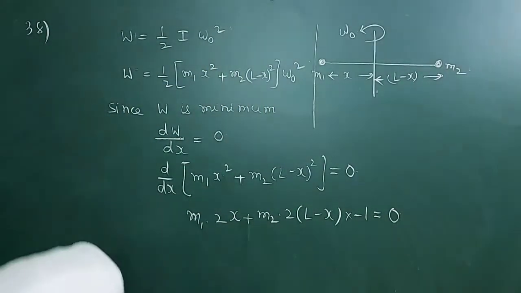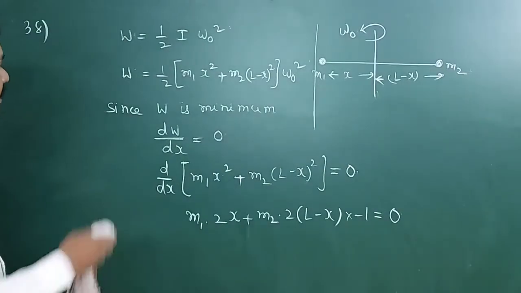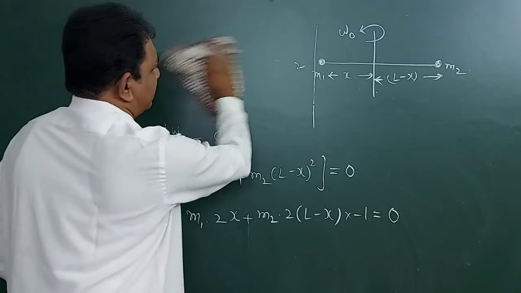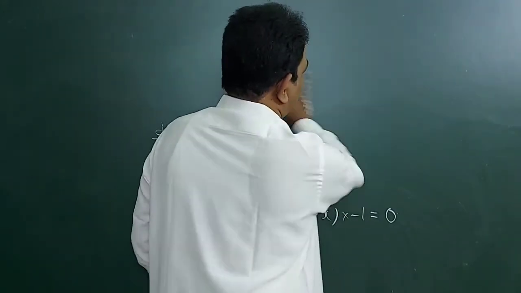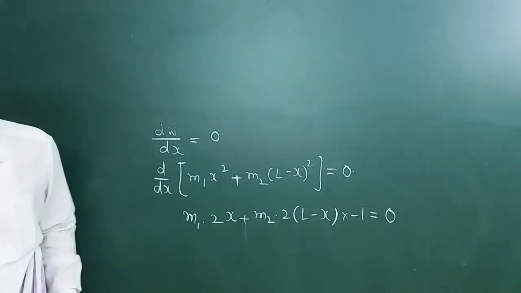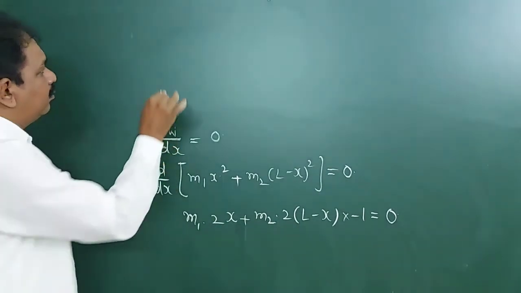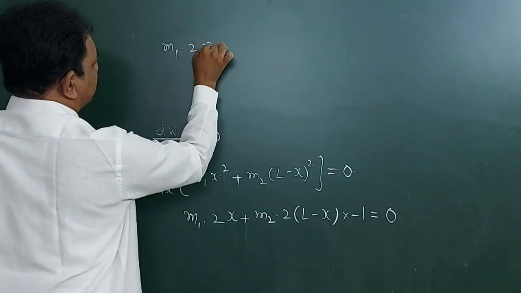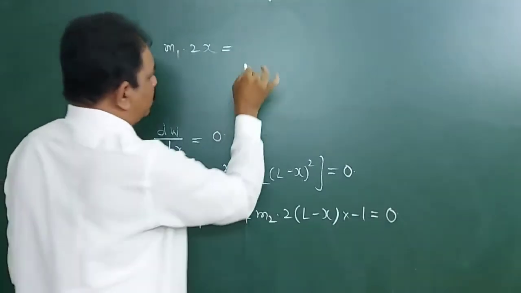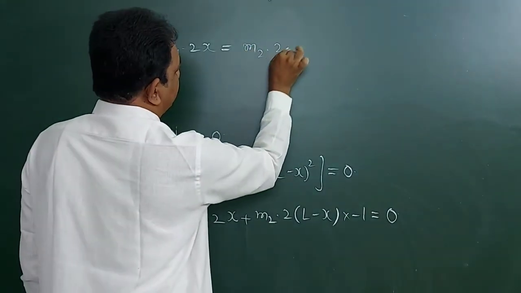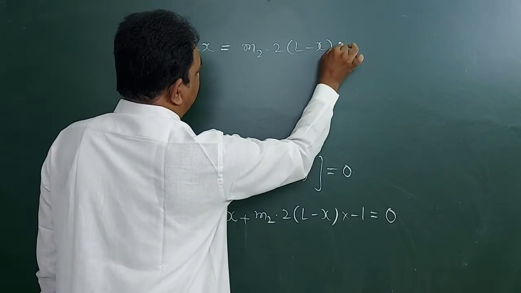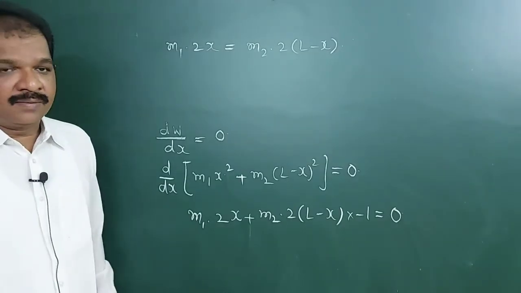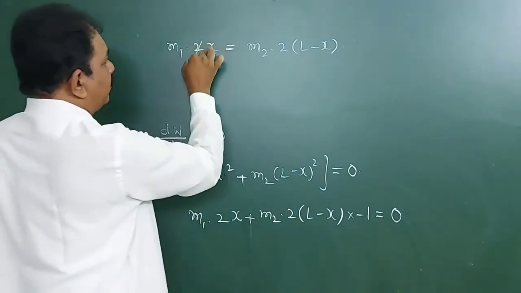Okay. So then what will happen, see, m1 into 2x is equal to m2 into 2 into L minus x, the minus 1 if you bring to that side it becomes plus. 2 will cancel.